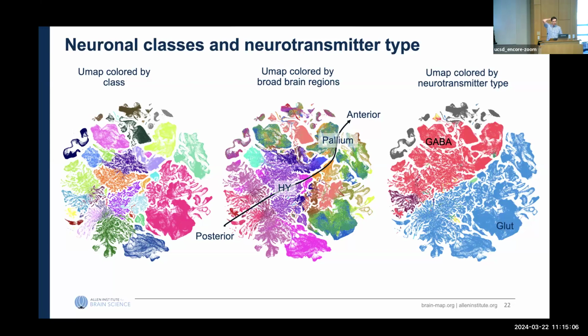Right. Good question. Every point in here, and these are the same thing, just colored differently, is an individual cell. That cell has a transcriptomic pattern. Let's say that in every cell we looked at 5,000 genes after we got through things.